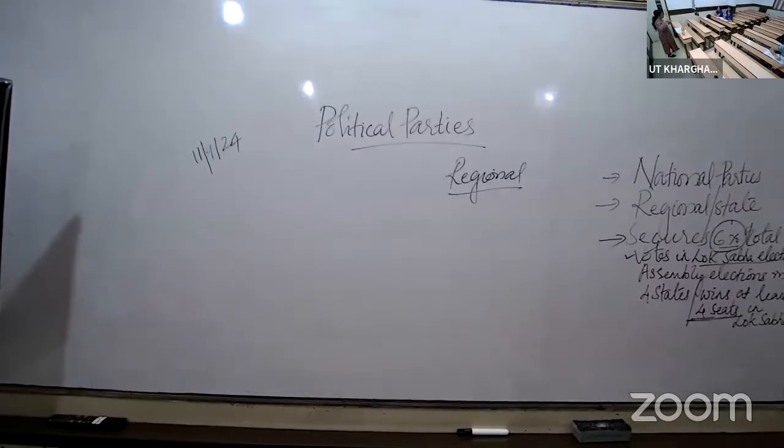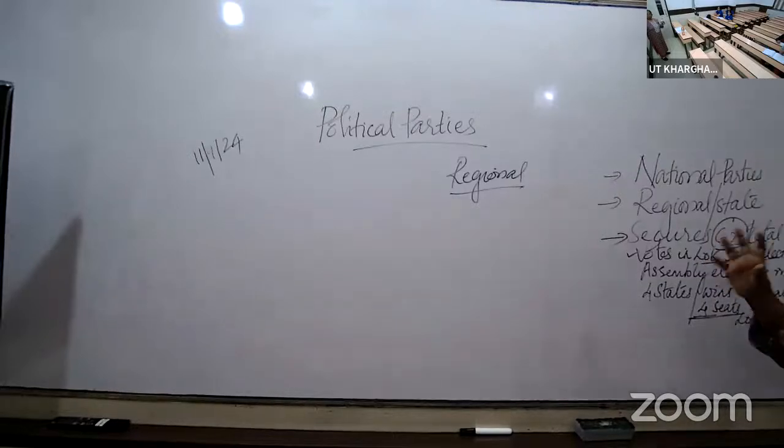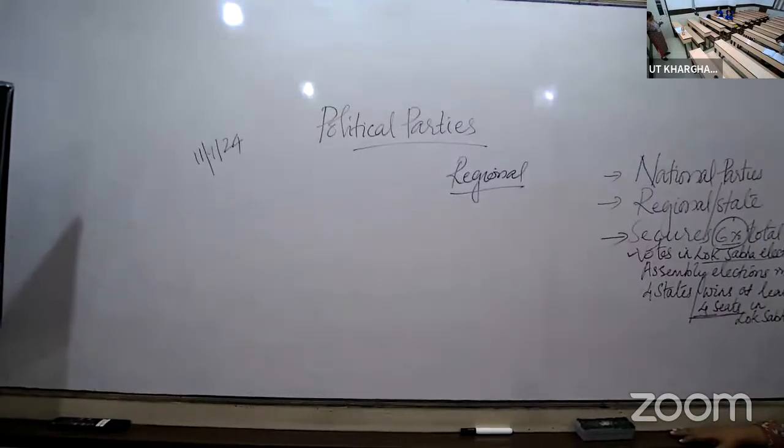Whereas regional parties have certain policies within their state. They do not have any type of foreign policy or external affairs. They have policies related to their own state. That is why these two parties are different.